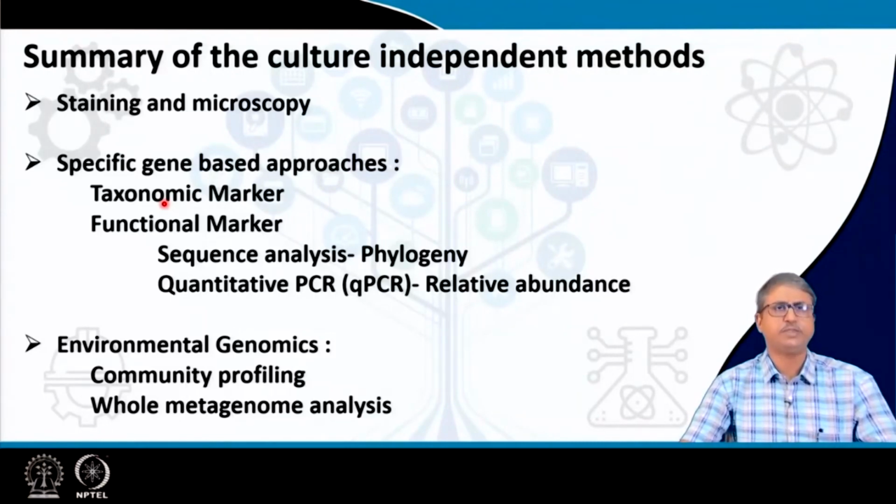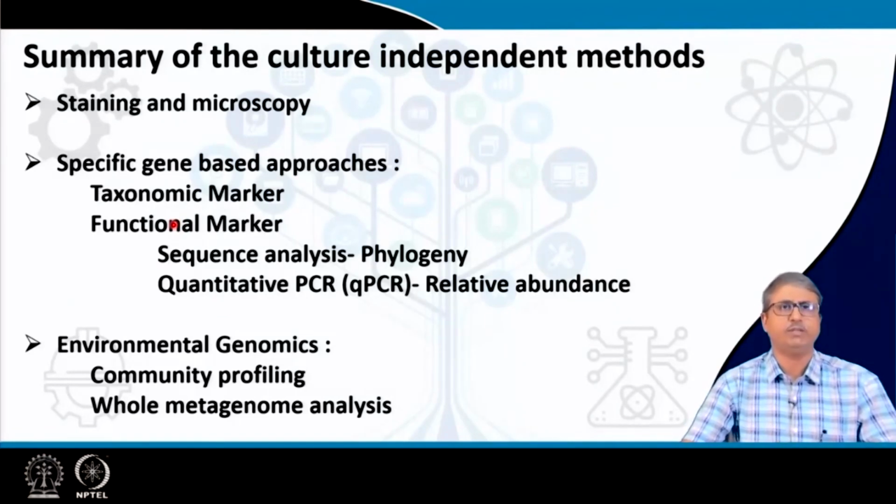It may be genus specific, family specific, or any other level of taxonomic hierarchy, or functional marker genes, that is, genes encoding the key enzymes of different processes of environmental relevance, like ammonia oxidation, methane oxidation, methane production, or sulfate reduction, etc. We will talk about these genes in a little more detail after a while.